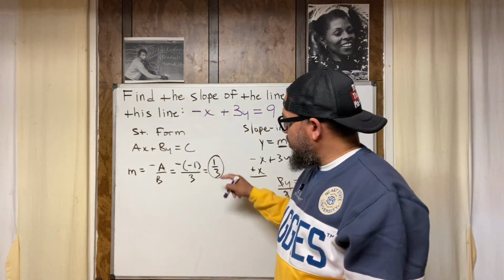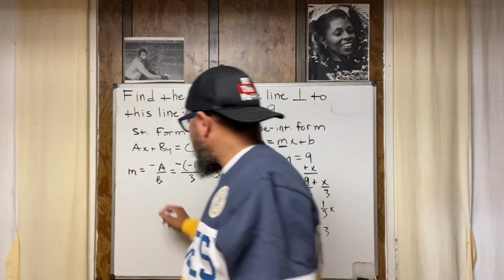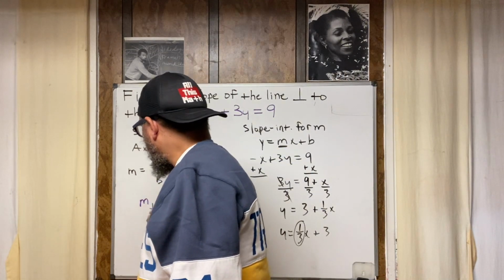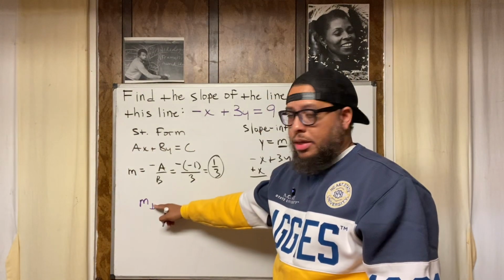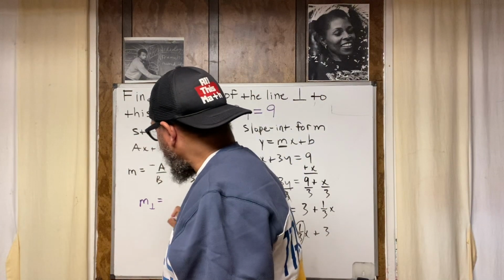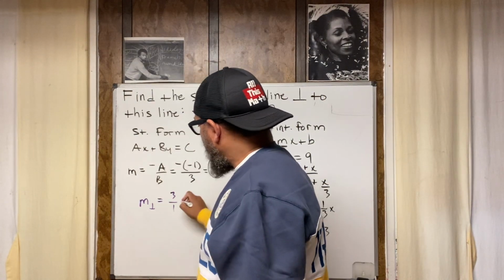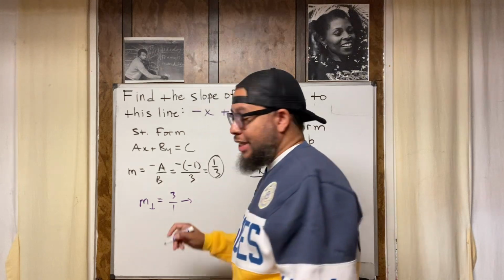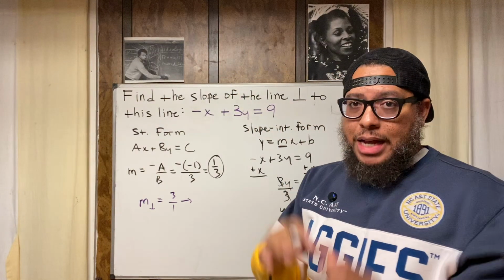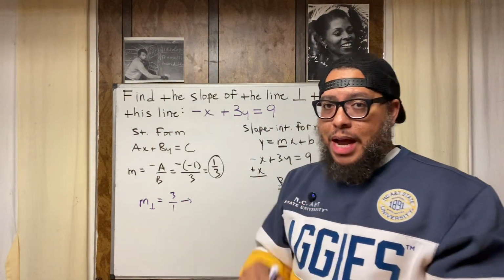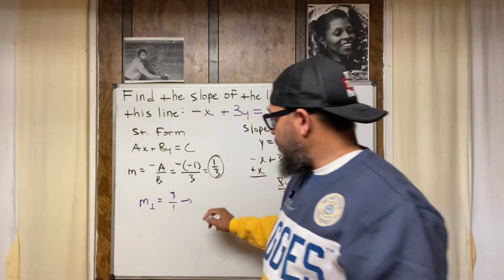So this 3 is going to go up top. The 1's going to come down to the bottom. So I'm going to write m with the perpendicular sign as a subscript. The 3 goes up top, the 1 goes down to the bottom, and I also have to change the sign. Positives become negative, negatives become positive. This was positive, so it becomes negative.